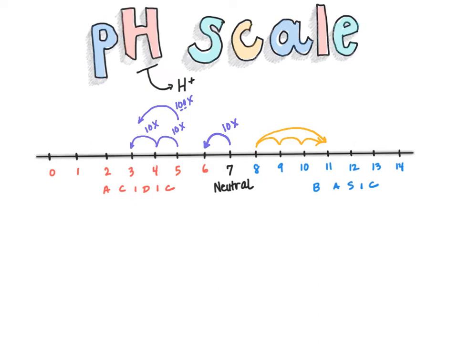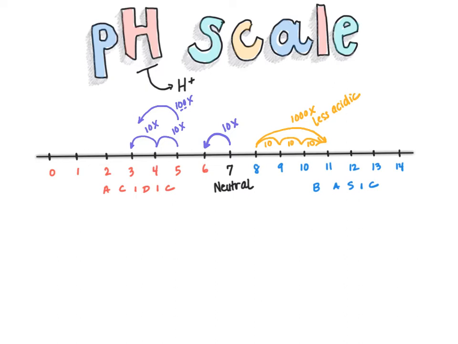And if each one of them is representing a jump of 10 times, that is 10 times 10 times 10, that is 3 zeros. So basically this is a thousand times, right? But if I'm going up the scale, it's going to be more basic, right? I'm going higher on the numbers. That means that this is going to be 1,000 times less acidic.